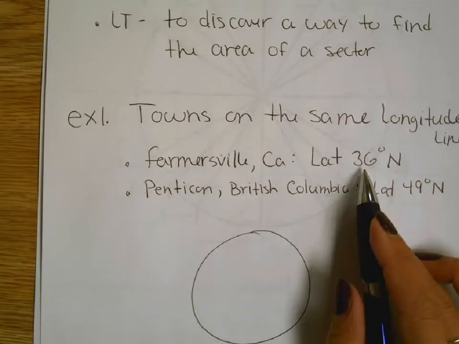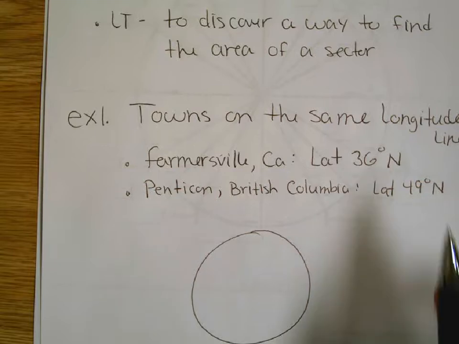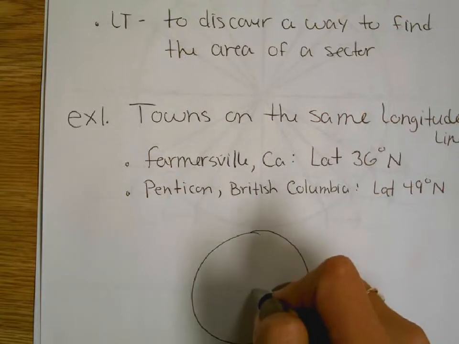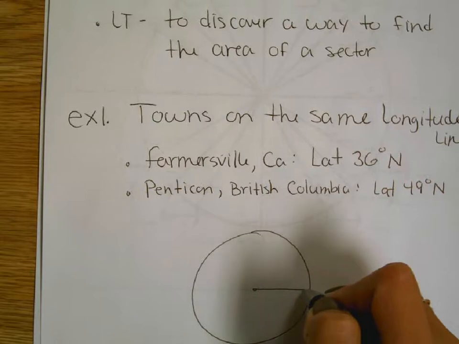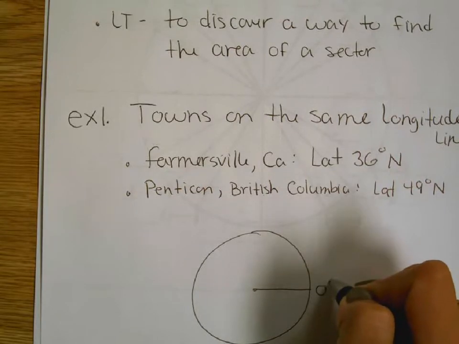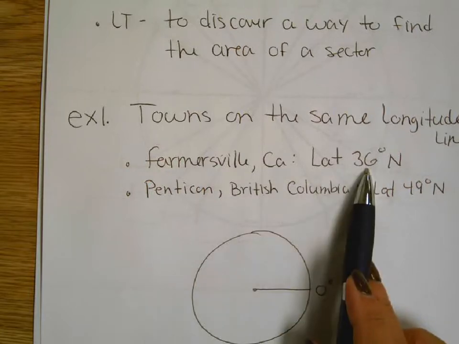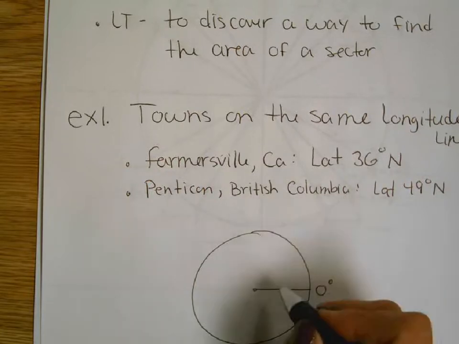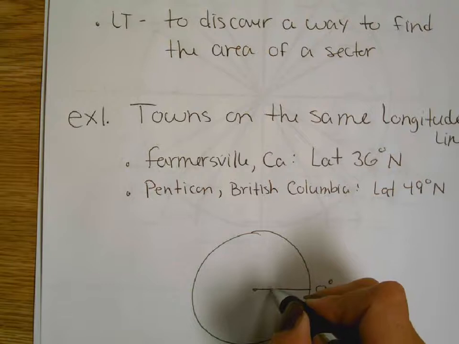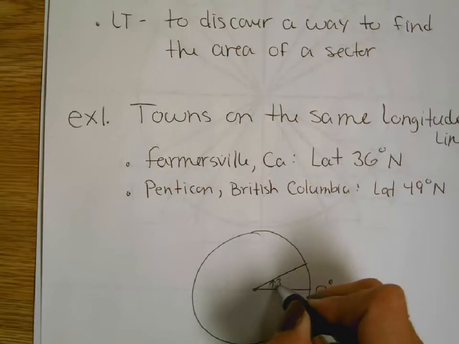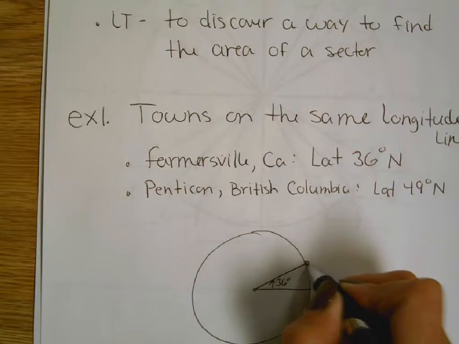How do latitudes work? What does this 36 degrees north mean and 49 degrees north mean? Up of what? Up from the equator. The equator's 0, right? So you've got your equator, that's 0. Okay, so Farmersville is at 36 degrees north of the equator. So if I swing up 36 degrees, that's going to be Farmersville.